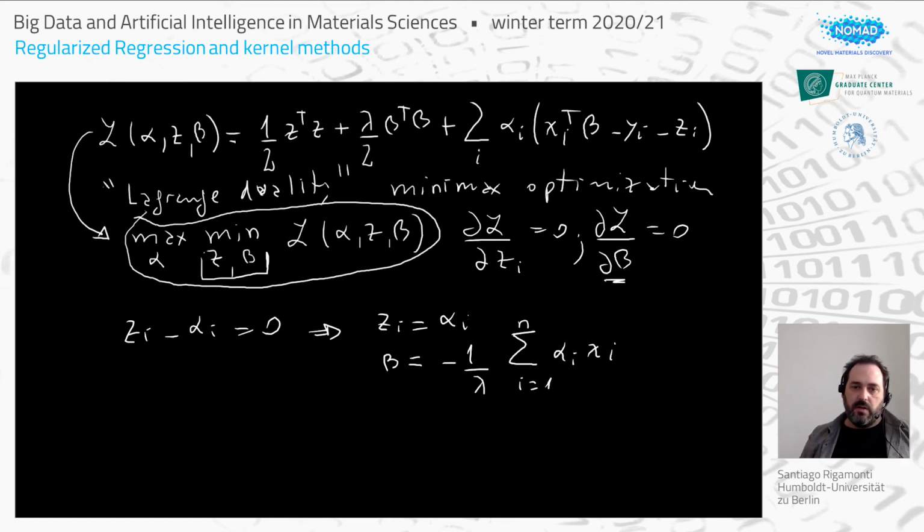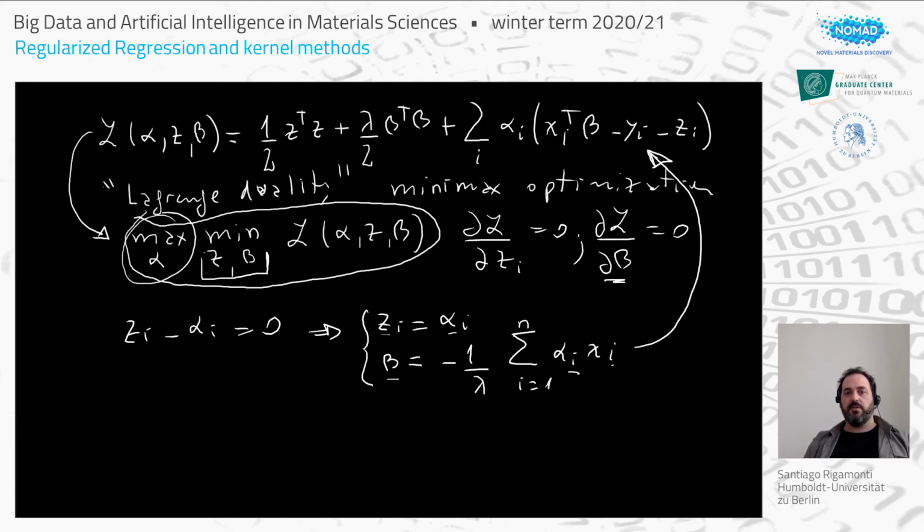Now we substitute these two expressions in our Lagrangian. You see that we will no longer have the variables zeta and beta, but just alpha and x. Then we will be able to perform the maximization with respect to alpha, because we will have only alpha there.